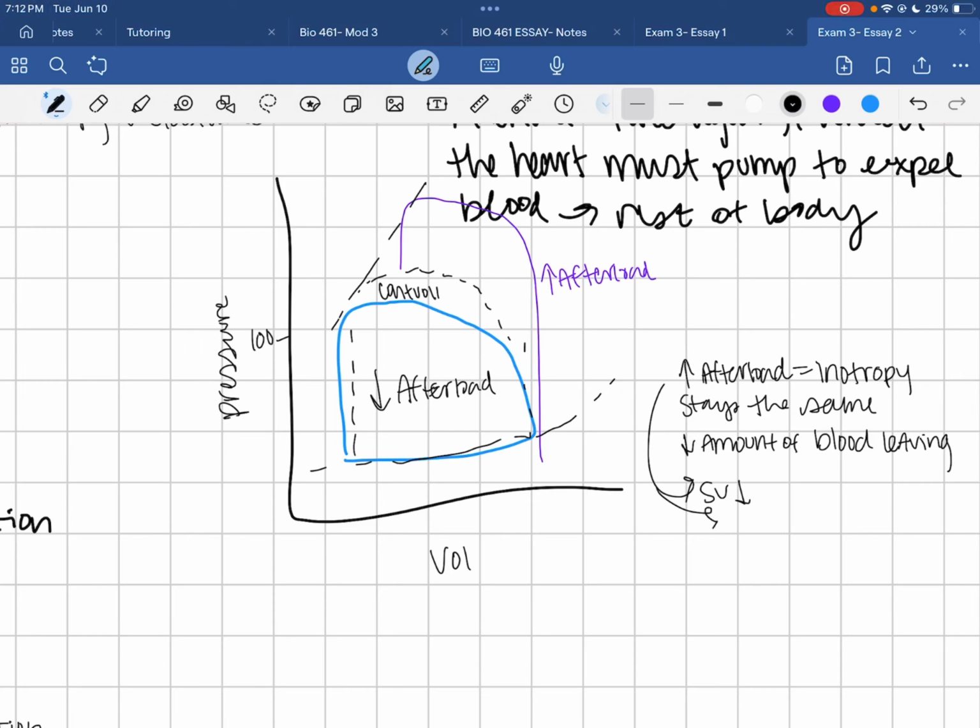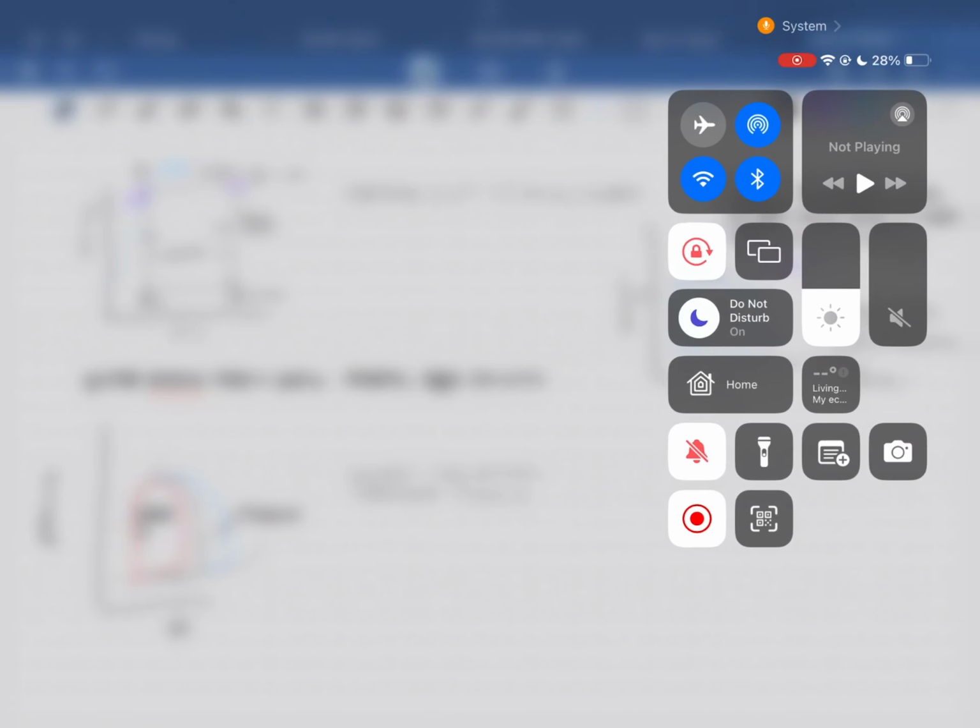Alright, which means that our stroke volume would also decrease, but inotropy still remains the same, because its amount of myosin and actin overlapping is consistent.